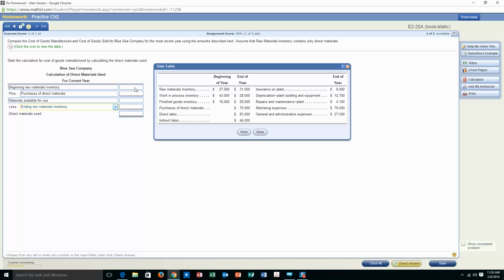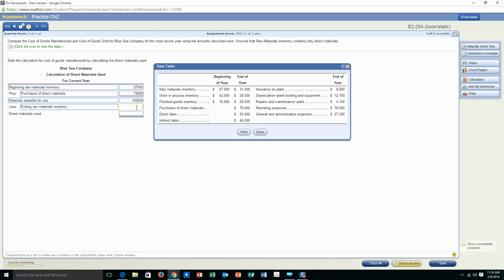Okay, I look over at my data table, and it says my raw material in the beginning was $27,000. That during this period of time, I purchased $79,000 worth of materials. Adding these two together is $106,000.